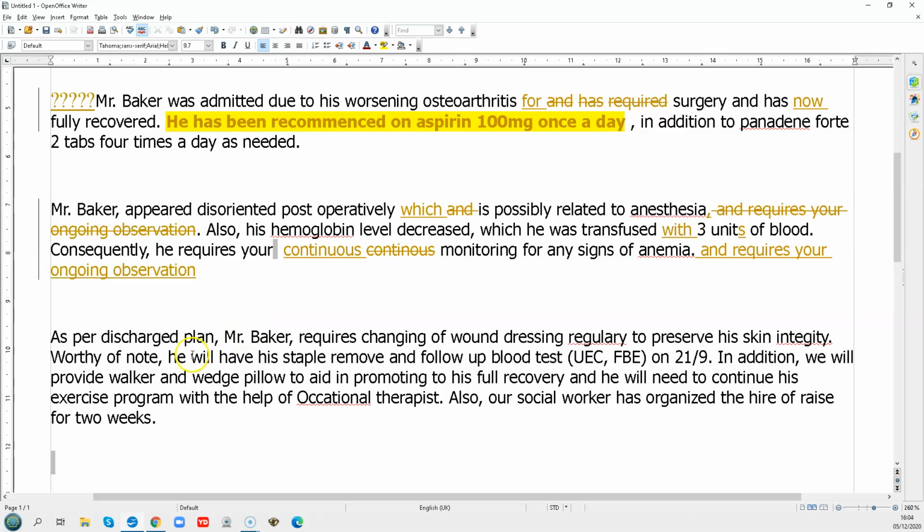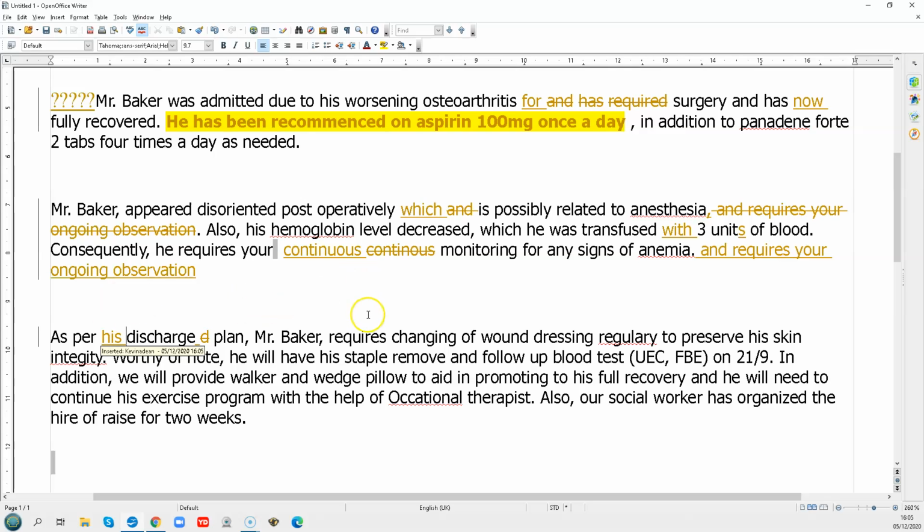Okay, now as per discharge plan, why did you use the past tense? Again, as per his discharge plan, or the discharge plan, no need for a comma. Mr. Baker requires changing wound. What did you put?